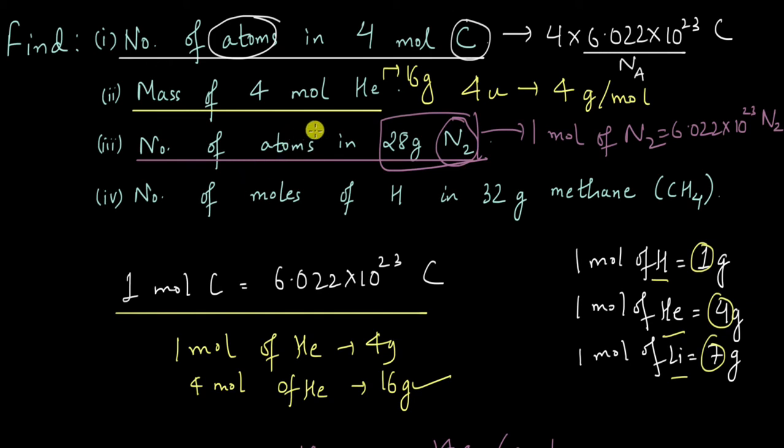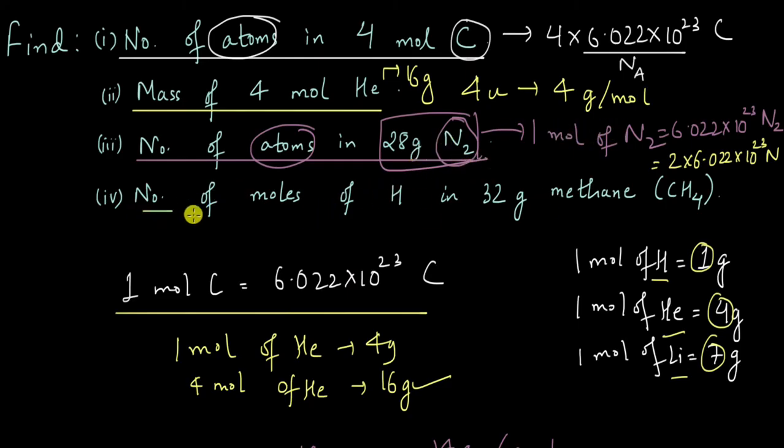But because we are asked atoms, and we have to be careful in these type of questions about noticing these words of atoms or molecules, because we are asked atoms, we'll multiply this number by 2. So 2 into 6.022 into 10 to the power 23 nitrogen atoms. Each molecule has 2 atoms, so we simply multiplied this by 2. So these many nitrogen atoms in 28 grams of nitrogen gas or N2 molecules.